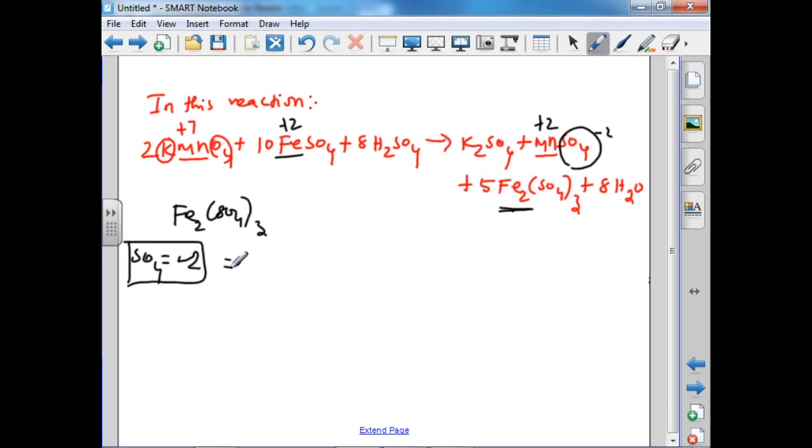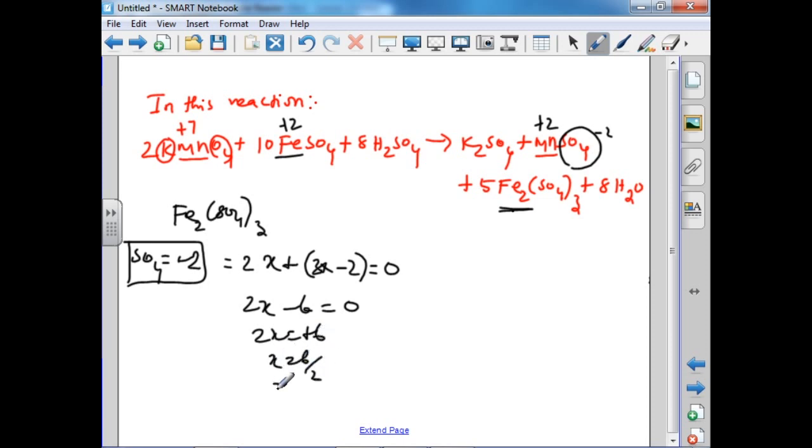So Fe as X, there are 2 atoms, so 2X plus 3 molecules of SO4, 3 into -2, equals 0, as it is a neutral molecule. 2X minus 6 equals 0. 2X equals +6. X equals 6 by 2, X equals +3. So the oxidation number of Fe in Fe2(SO4)3 is +3.